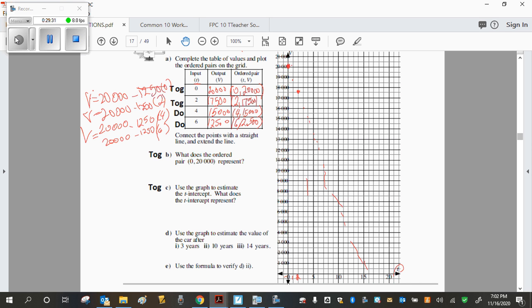Anyways, I have no idea where it's supposed to be. But it's going to hit your t-axis somewhere. So the question is, in real life, what does that represent? And it also asks, what is the t-intercept? So hopefully you have a ruler and you can do it accurately. You'll need to do that on the test. I'll provide the rulers.